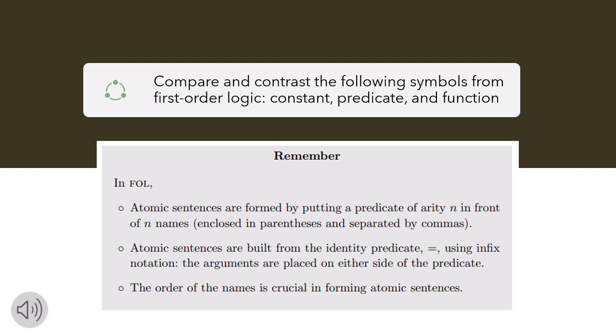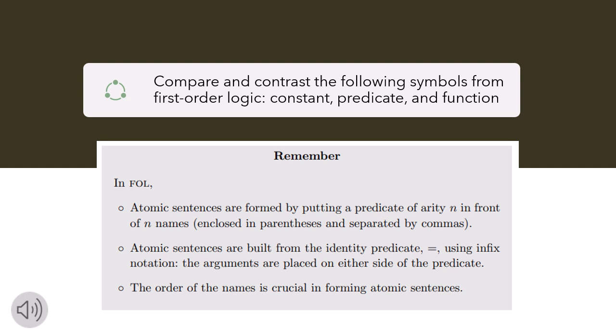And we also will use a slightly different notation for it, the infix notation, as opposed to putting an equal sign and then parentheses with two names and a comma, like we would for other predicates. It's always the case that the equality symbol is to be interpreted as the two things on the left and right hand side of the equality symbol naming the exact same object.